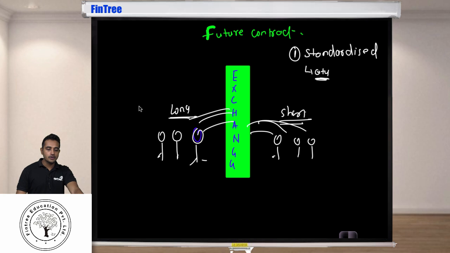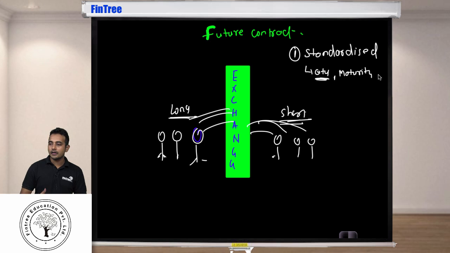For example, long wants to have a position on, let us say, 10 contracts, and short wants to have a position on 7 contracts. So at least we can map 7 contracts, so it breaks down that larger order into smaller parts. Second, it would be standardized in the context of maturity. So 1 month, 2 month, 3 month, you cannot define your own date. You'll have to select based on whatever options are provided to you.